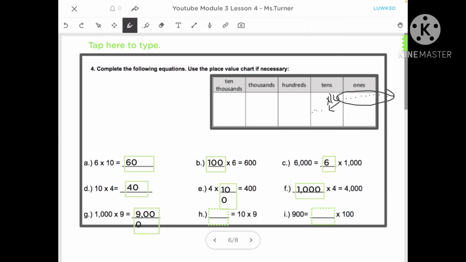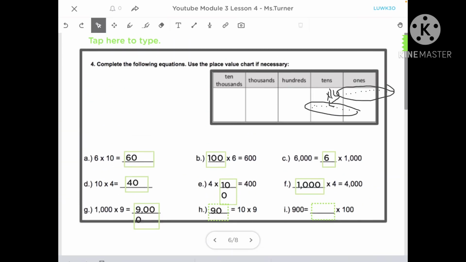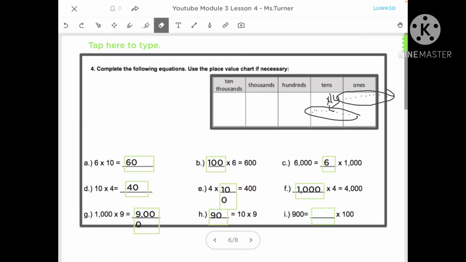And now I have 9 tens. What is the same thing as saying 9 tens? How would I write 9 tens in standard form? Yes, good, 90.